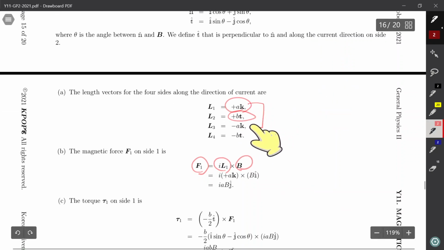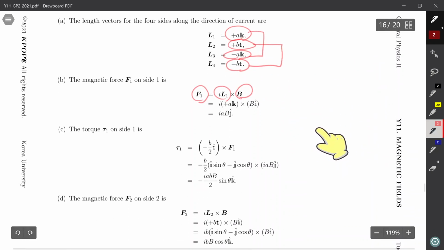L3 is the same but on the opposite side, and L4 is the same but on the opposite side. F1, with L1 and the magnetic field, is I a B.